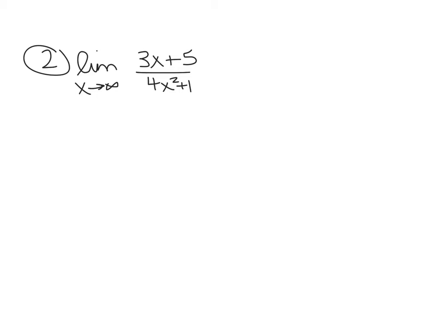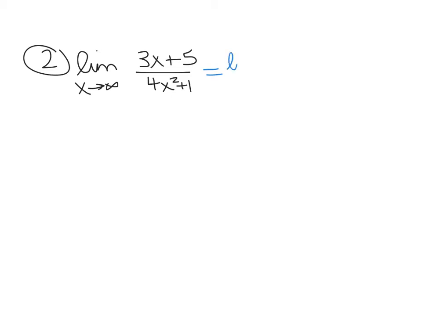So same process as in the previous one. I am going to go through and divide every term by the highest degree variable in the denominator. In this case, it is x squared.